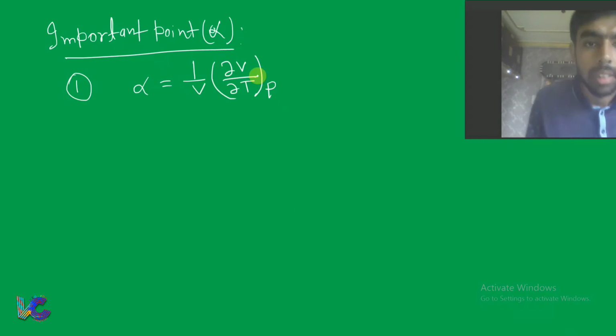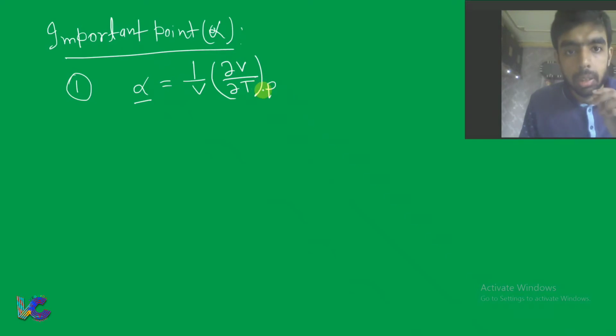So for solid and liquid, this alpha value is very small, because for solid and liquid, this del V del T at constant P value is very small.